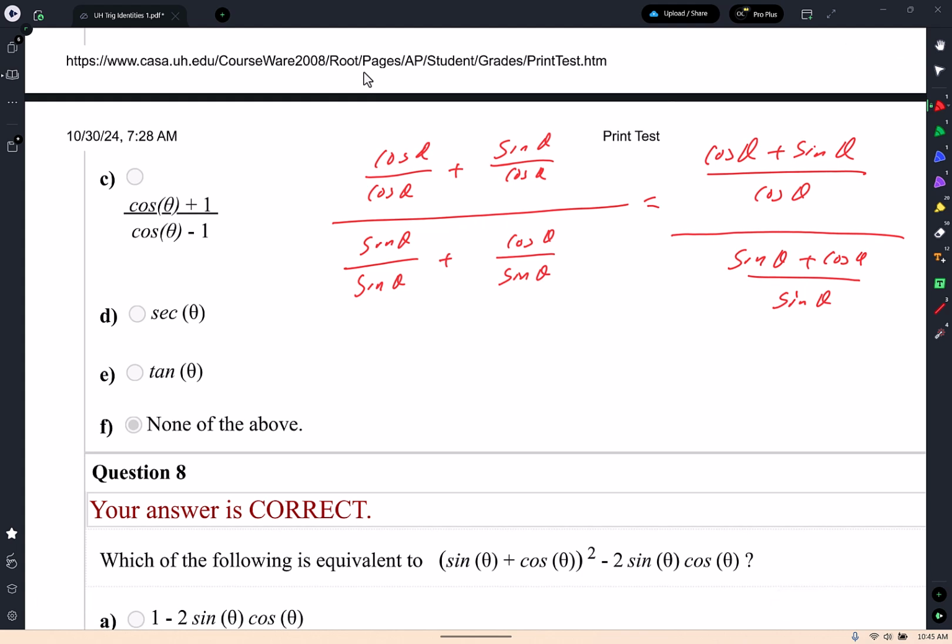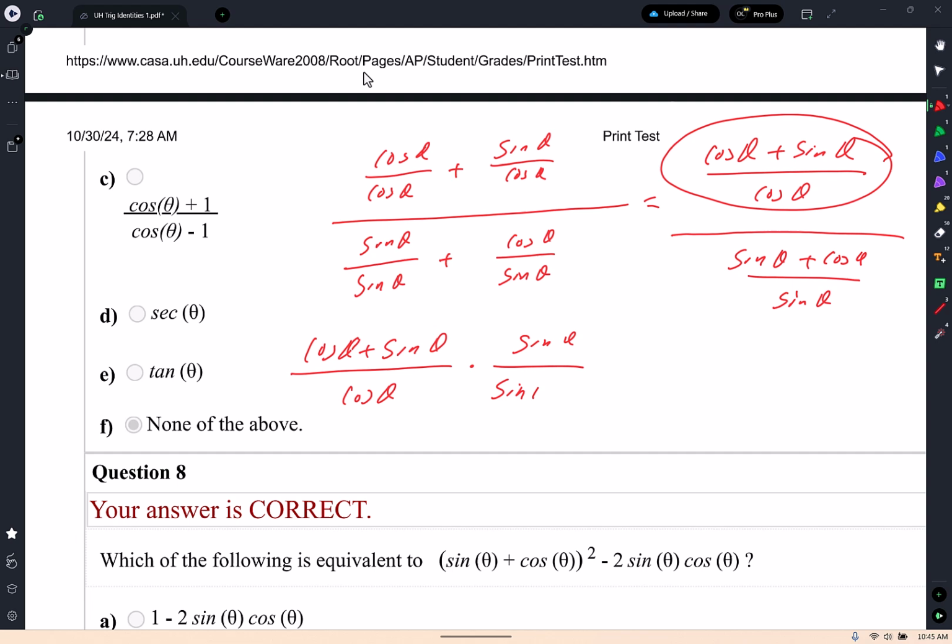Yeah. All right. Keep, change, flip. Keep this guy, cosine theta plus sine theta over cosine theta, times, flip it, or change, and then flip. Sine theta over sine theta plus cosine theta. Why do I keep, I guess I'm not pushing this hard enough.